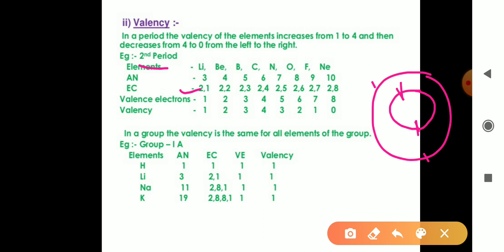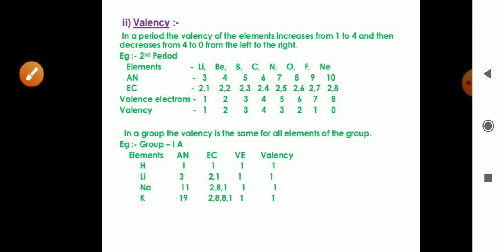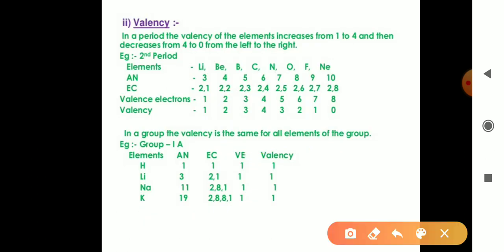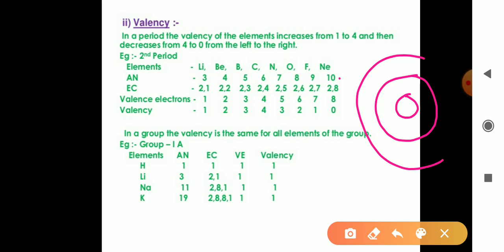Now for lithium, we can see here all elements. So see the last element, neon. Now in case of neon, what will be structure of neon? So for neon, atomic number, that is total electrons are 10. So this is nucleus, first shell, second shell.